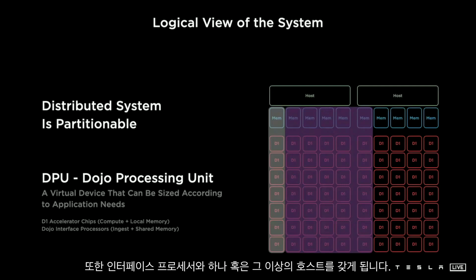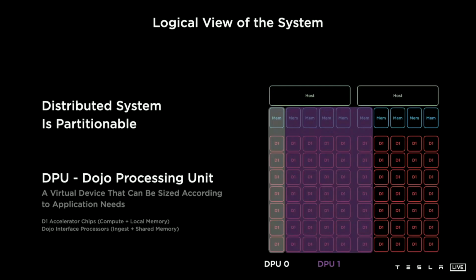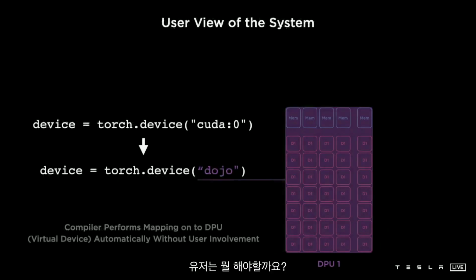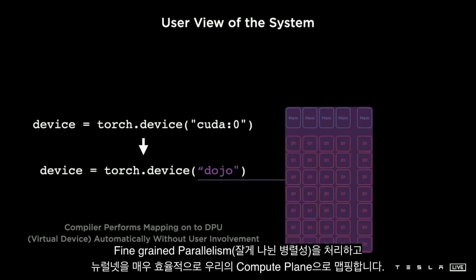It also has our interface processor and 1 or more hosts. And this can be scaled up or down as per the needs of any algorithm, any network running on it. What does the user have to do? They have to change their scripts minimally. And this is because of our strong compiler suite. It takes care of fine-grained parallelism and mapping the problems of mapping the neural networks very efficiently onto our compute plane.